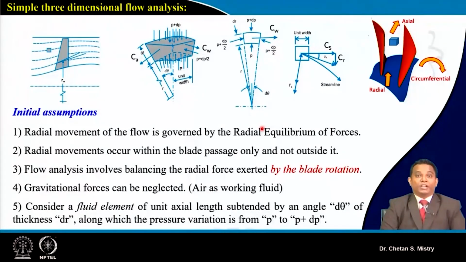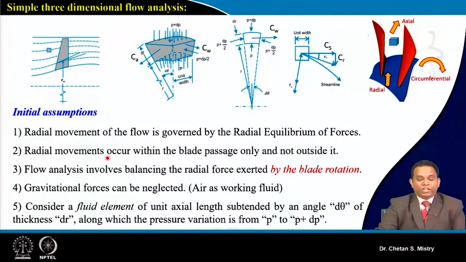Before going into detailed analysis, we will be making certain assumptions to simplify the problem. Our first assumption: the radial movement of your flow is governed by radial equilibrium of the forces. So we are more interested in what is happening with our radial movement, so we are considering balance of my radial forces.